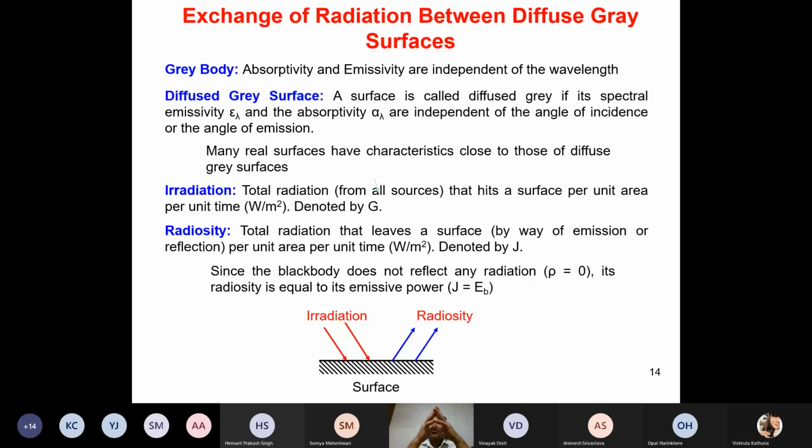Yes. Okay. So now in radiation, remember, we started with a very simple concept, that the radiation energy, the emissive power, you can directly obtain using the Stefan-Boltzmann law, that is sigma into T raised to the power 4. Then we added some more difficulties.